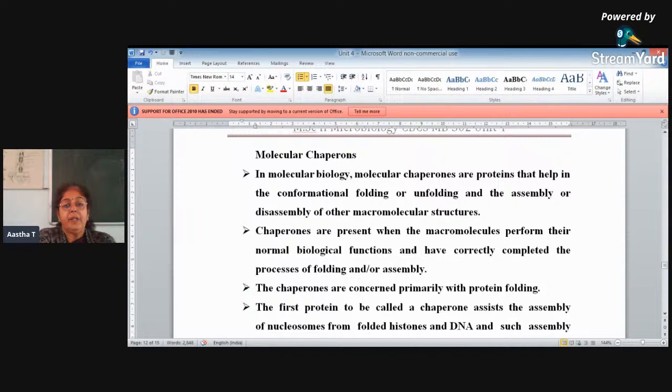They are present where macromolecules perform their normal biological functions. So HSPs will be synthesized in response to stress, but chaperones will always be present, and they usually are found in the regions where the proteins are performing normal biological functions. So there they have been reported to play the role of assembly, folding, etc.